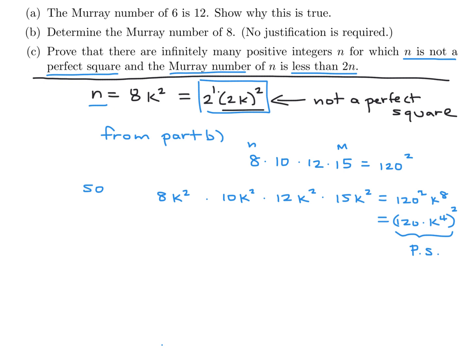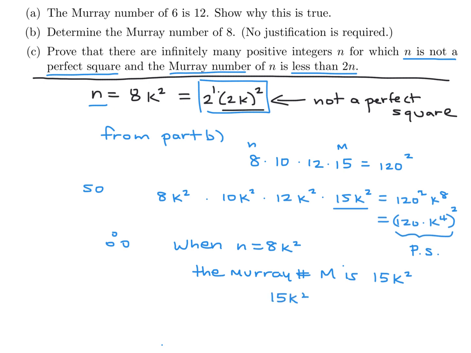Okay, so that means, therefore, that when n is equal to 8k squared, the Murray number m is, you tell me, what's the Murray number? It's this guy, 15k squared. And 15k squared is less than 2n.